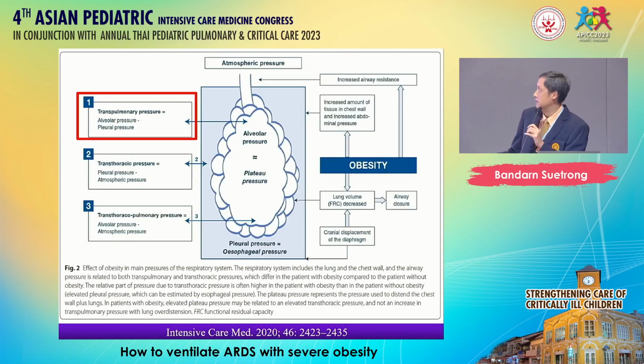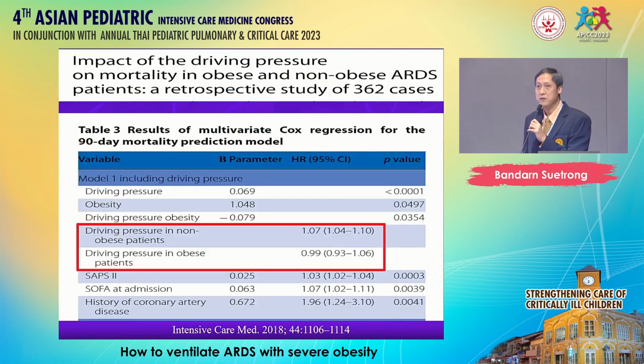And this is what we call transpulmonary pressure. That represents the lung stress, or the lung volume in the inspiratory phase. So the driving pressure is different between obese and non-obese patients.